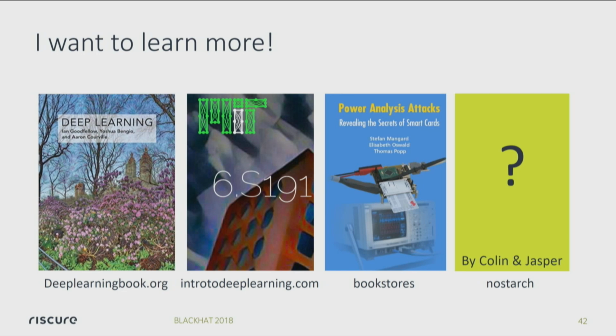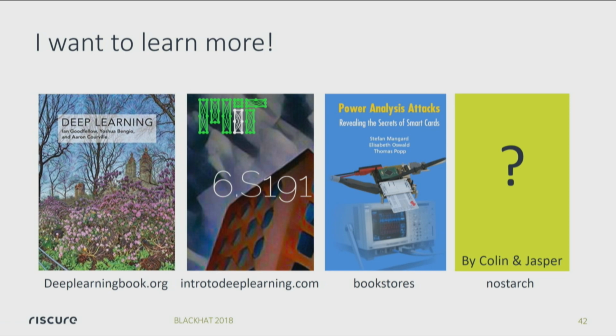If you want to learn more, there are a few resources that I can recommend. First of all, there's a deep learning book, which you can read online. There's also a really excellent MIT course that teaches you all the basics. These are videos that you can watch online, at intro to deeplearning.com.